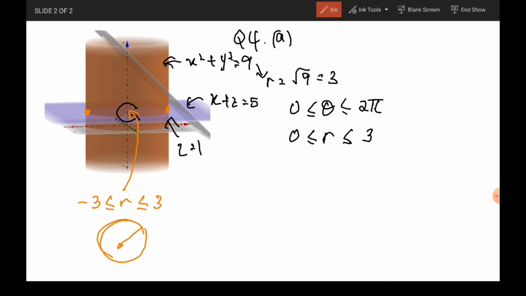So r must be from 0 until 3, but it all depends on the question. r can be changed to other values also. And lastly for z, the z interval is between 1 until, now we have z equals 5 minus x.